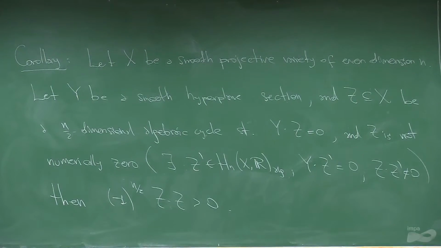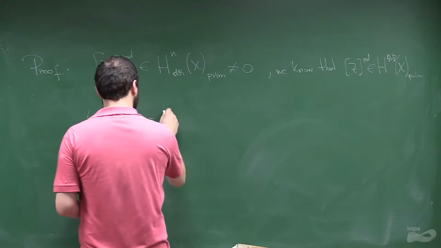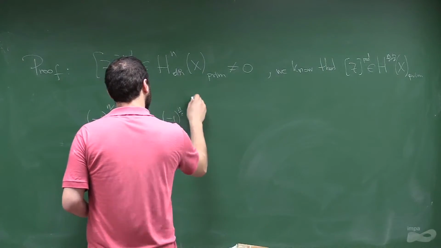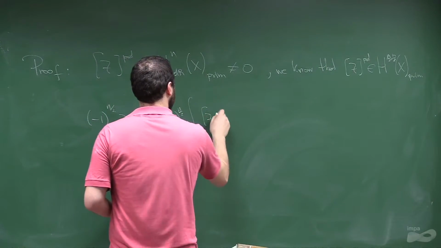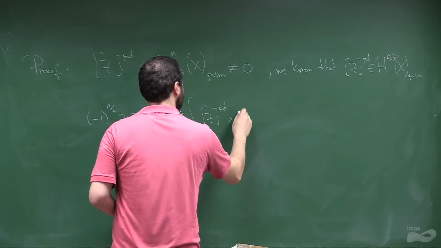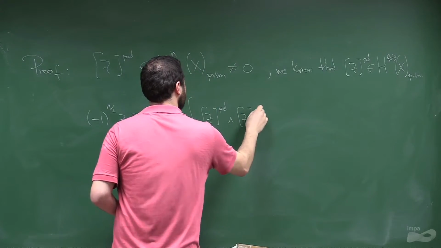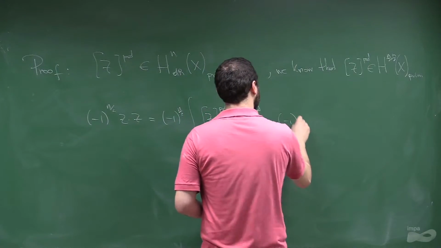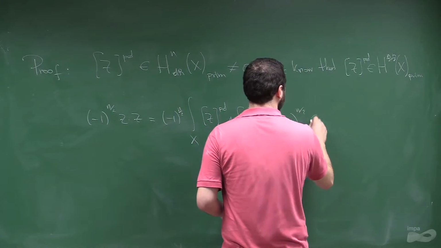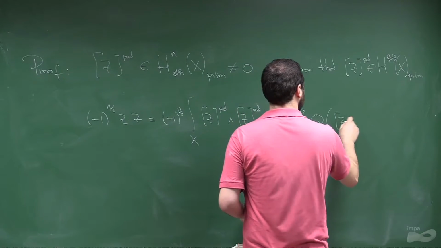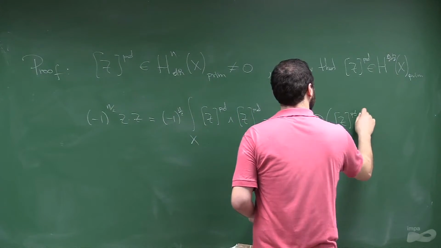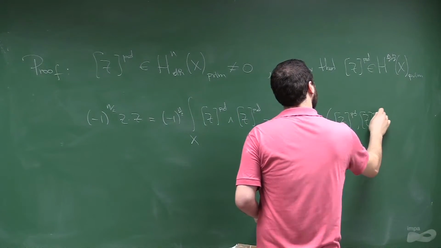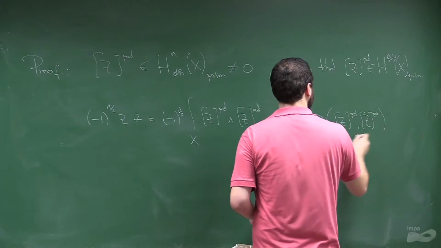And so this number, (-1)^{n/2} Z times Z, is equal to (-1)^{n/2} the integral over X of the Poincare dual of this with itself, right? And this is (-1)^{n/2} of the form Q applied to these guys, and we already know what's the sign of this.